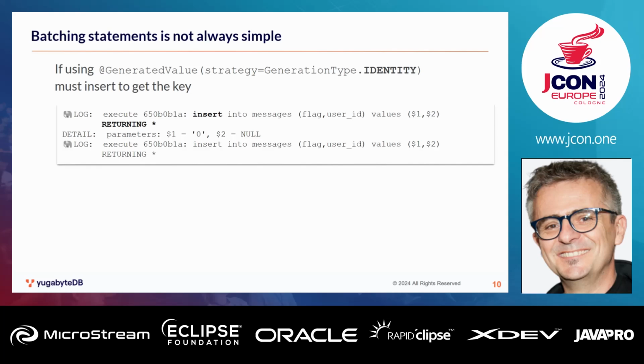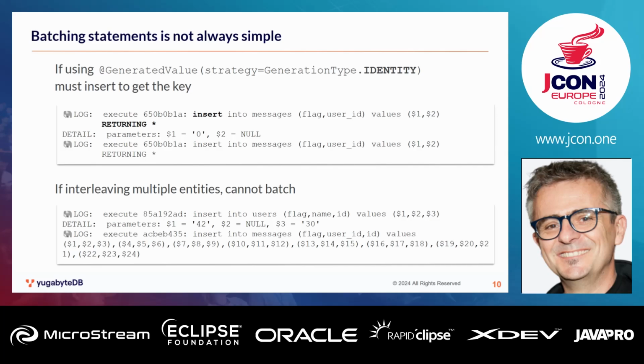So you have one optimization on one side to avoid the call to the sequence, an optimization on the other side to batch the statements, but one works against the other. So you need to really understand where your bottleneck is. Maybe it's better to read sequences every 15 rows rather than not being able to batch the statements.